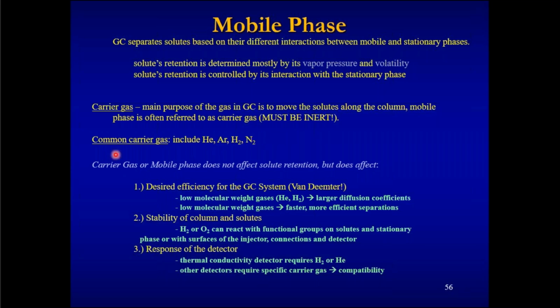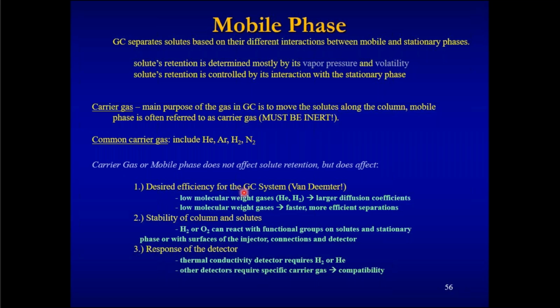See, we keep telling that the carrier gas has no function other than to carry the sample component, but it has an indirect effect on the separation. What are the things that it affects, which will indirectly cause some changes in the separation of a sample?